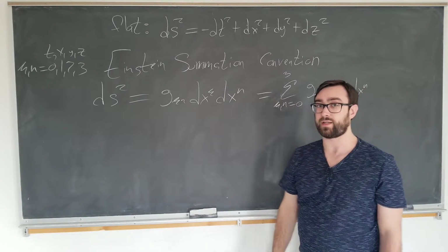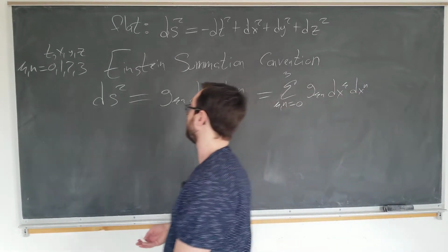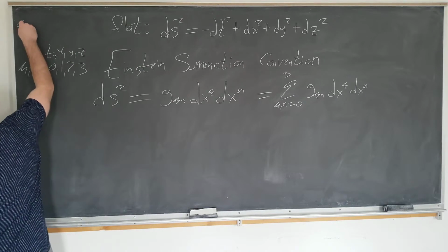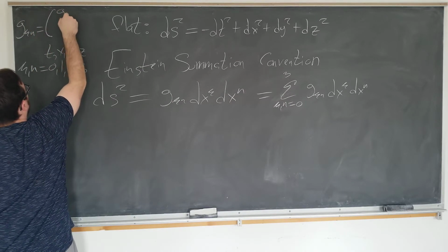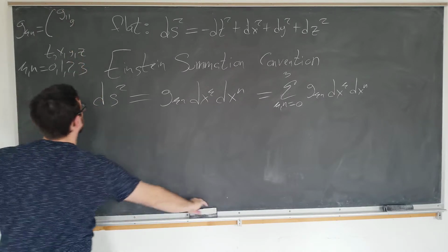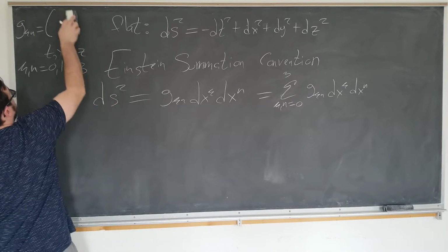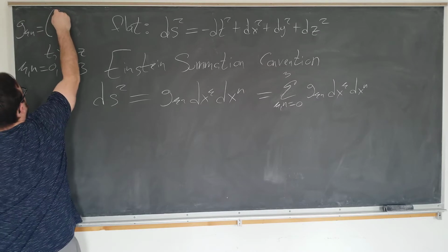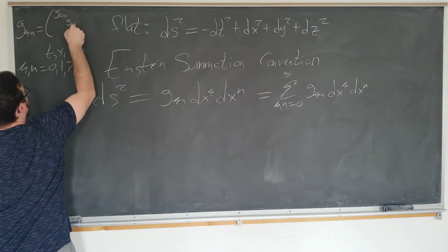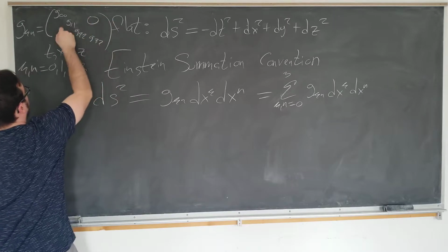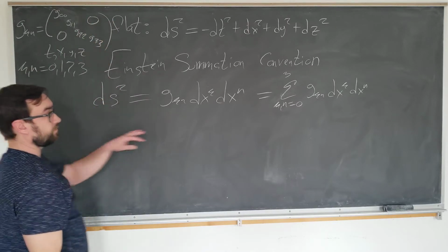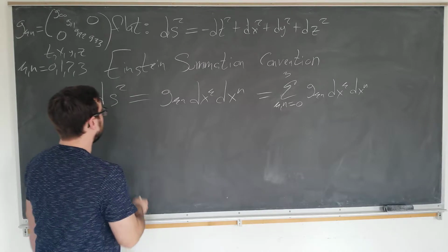And if we had a diagonal metric, which is typically the case, if we had g mu nu to be diagonal, so g00, g11, g22, g33, with all other components being 0, then we could expand the sum as follows.